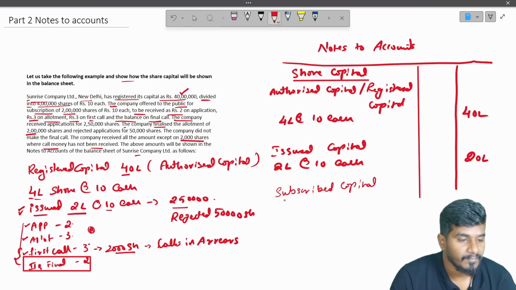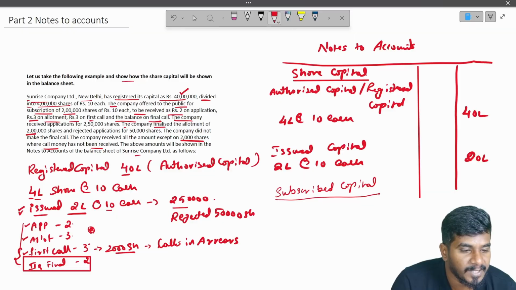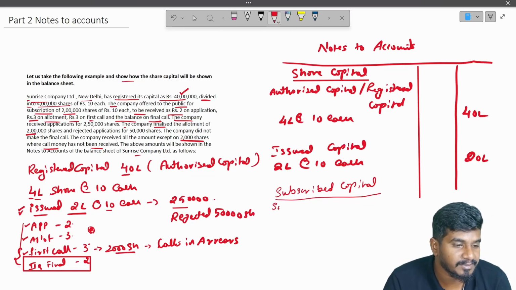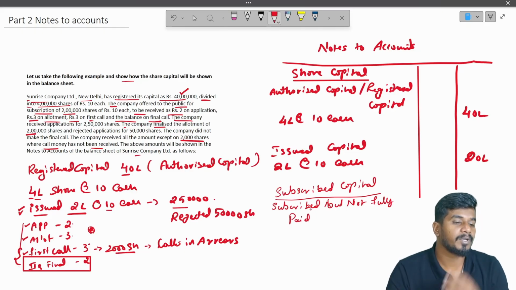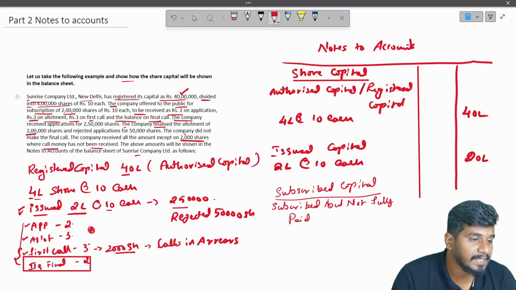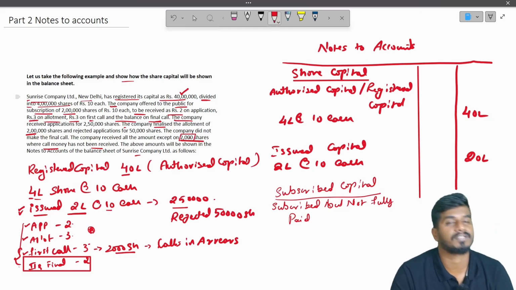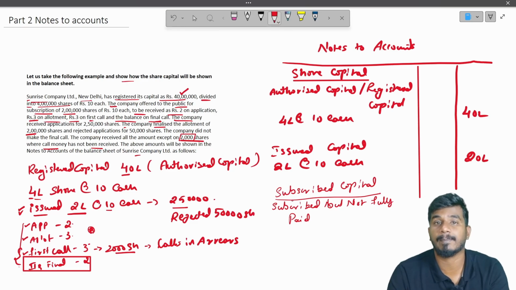So the meaning is subscribed but not fully paid. Correct. Because we didn't receive money for 2000 shares in calls, it is nothing but subscribed but not fully paid.